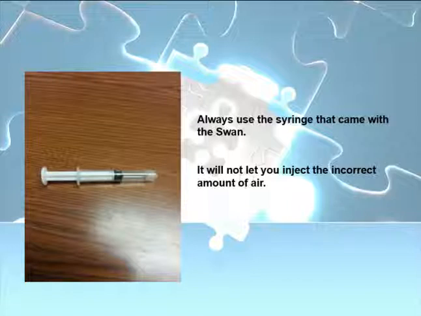It comes in the Swan kit when they're putting it in, and this should be the only syringe attached to your Swan. I not only keep that port locked, but I have my syringe with no air in it, completely emptied out. I have the plunger at 0.